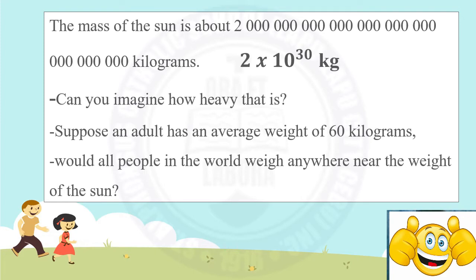Can you count the zeros for that number? 1, 2, 3, 4, 5, 6, 9, 12, 15, 18, 21, 24, 27, 30. So it has 30 zeros.